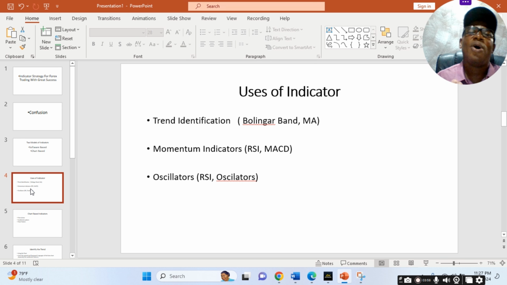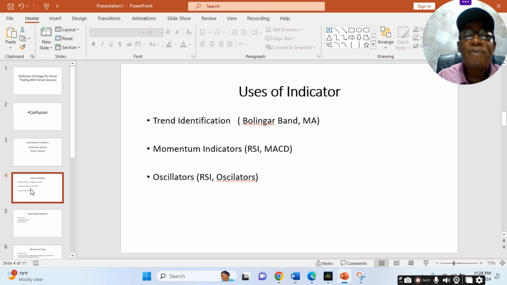That's why they said almost every indicator lags. So if you want to become a good trader, you will always learn the indicator that leads, not the one that lags. The chart indicators lead.